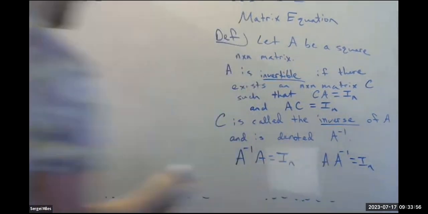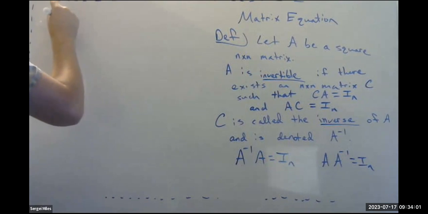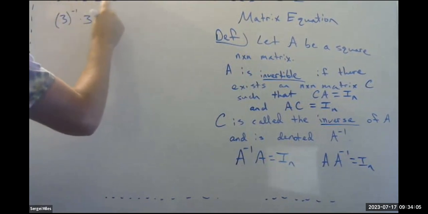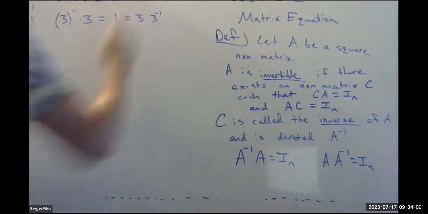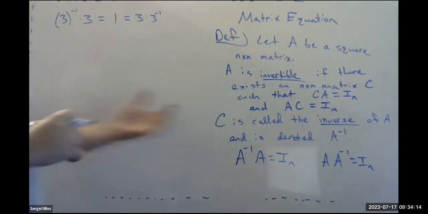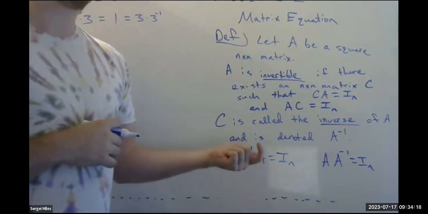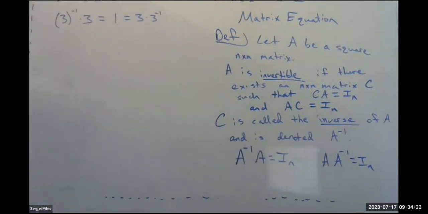Now, why can I flip the order? Well, the same reason we can with real numbers. If I have 3 inverse times 3, well, that equals 1. But that's also 3 times 3 inverse. So inverses is one of the rare occasions when, for matrix multiplication, you can flip the order and get the same thing. Remember when we've talked about matrix multiplication before, you can't necessarily flip the order.